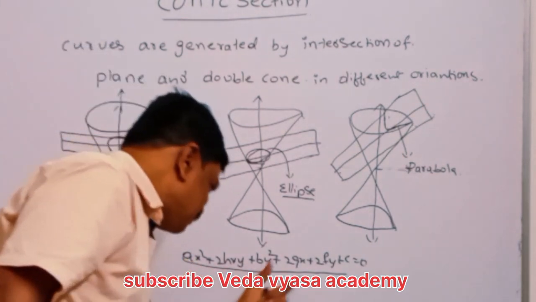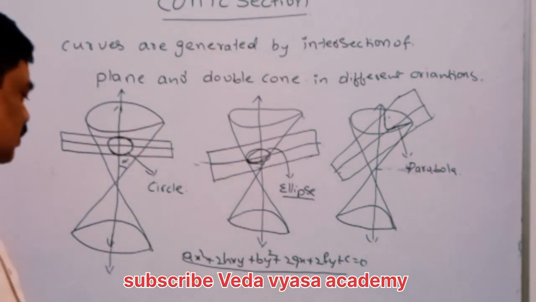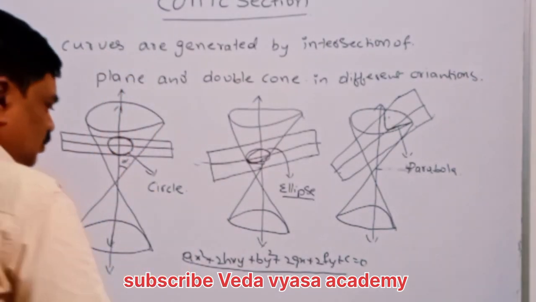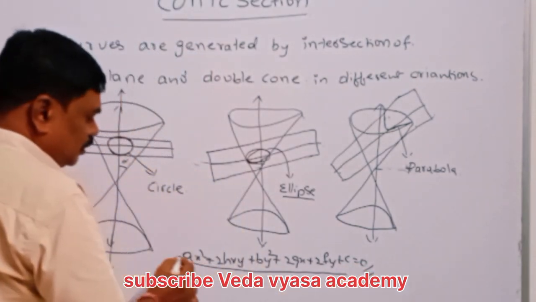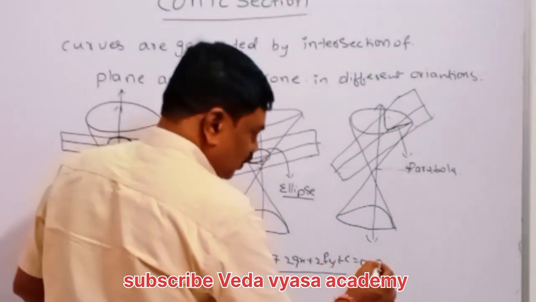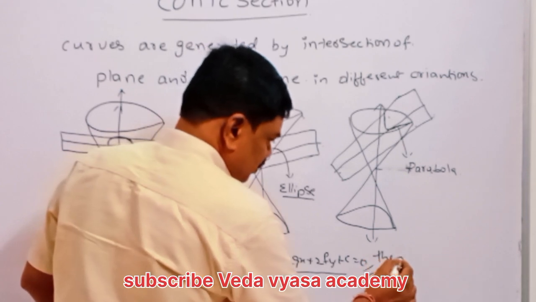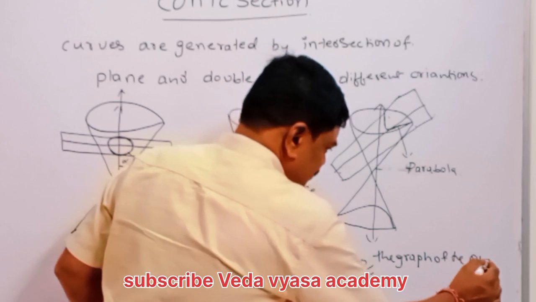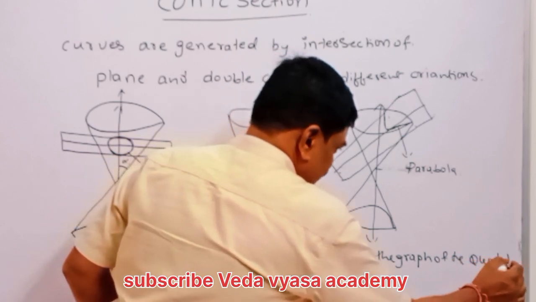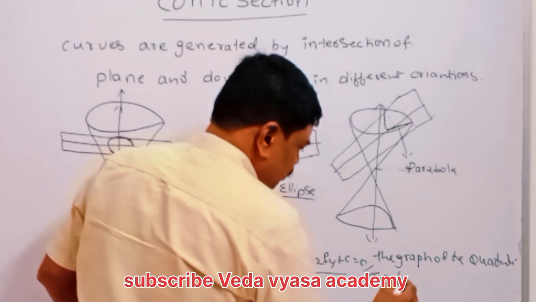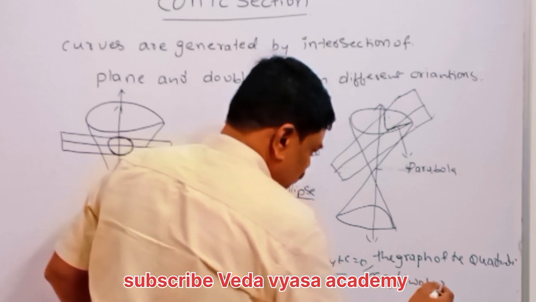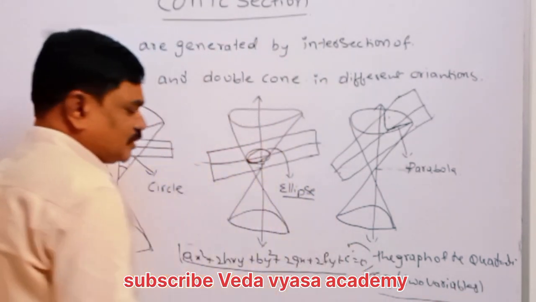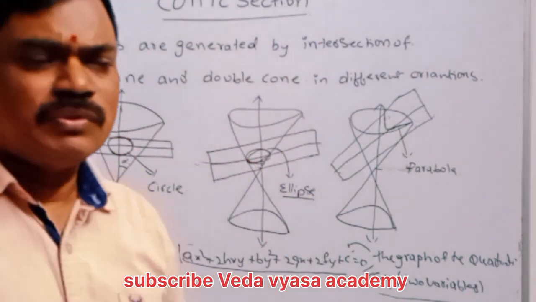You draw the graph of this one, you will get the conic section. The graph of a quadratic equation in two variables also represents a conic section.